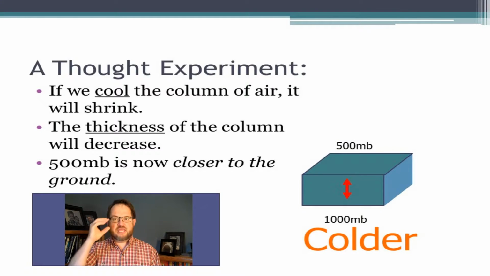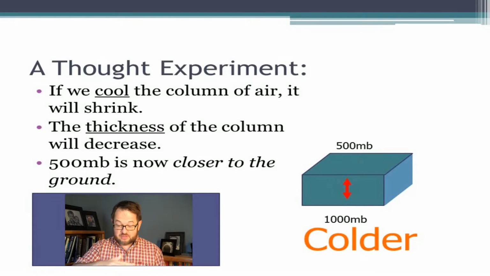In the same sort of way, if we cooled that layer of air, it would start to shrink, and as that layer shrank, well, that's what we meant by thickness, right? It's still 1,000 millibars at the bottom of the layer, and it's still 500 millibars at the top of the layer, because I haven't done anything to the air above it. And remember, those pressures are just the weight of the air above it. So there's still the same pressure at the top and the bottom, but there's fewer meters between the top and the bottom of the layer.